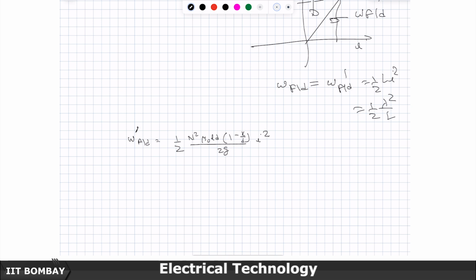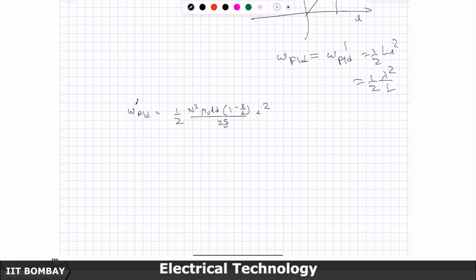So, this is W_fld dash also, and now f_fld is the partial derivative of W_fld dash with respect to x, with I remaining constant.